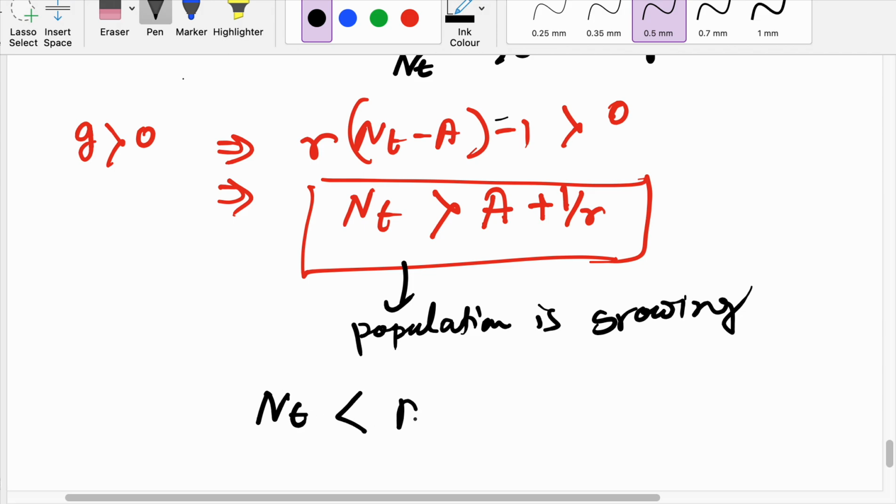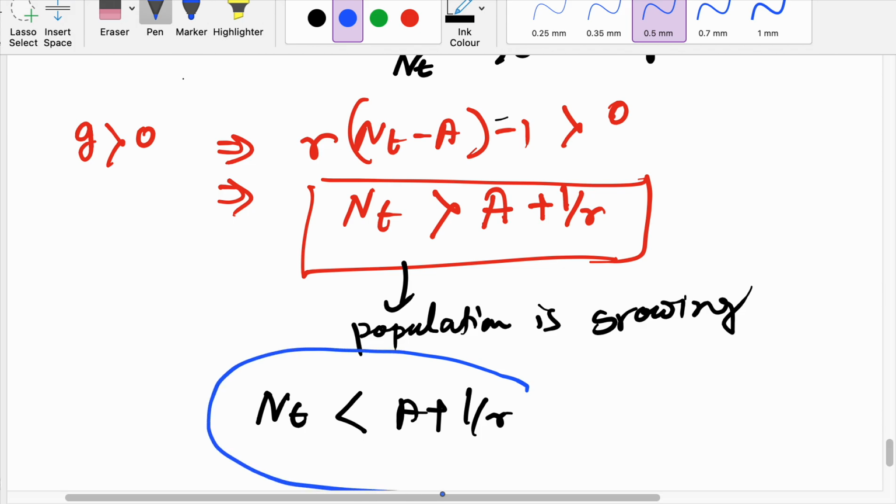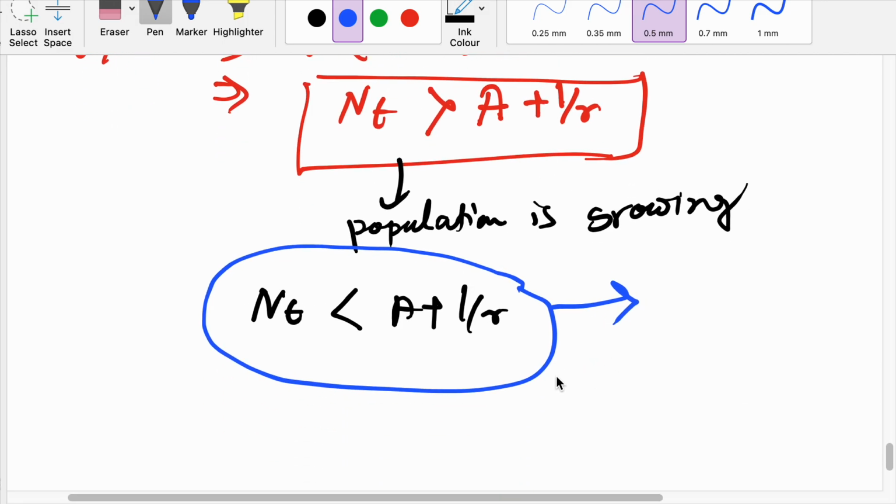So if I have initially less than a plus 1 by r number of individuals, then it basically says there will be no cooperation. Suppose in an ant colony there is a lesser number of individuals, lesser than some amount, then there will not be enough individuals to take care of their brood and their whole colony, and they will not survive at all.